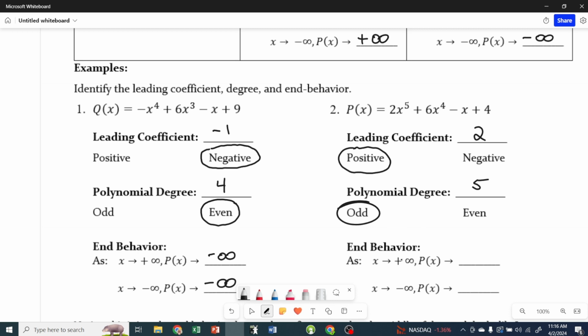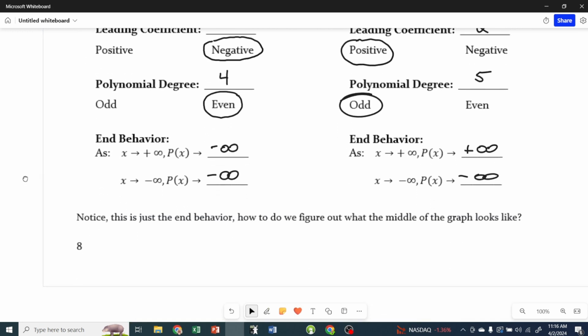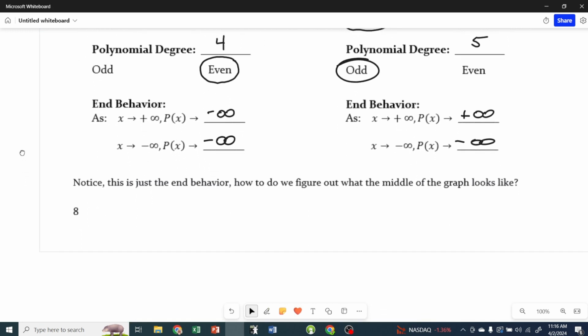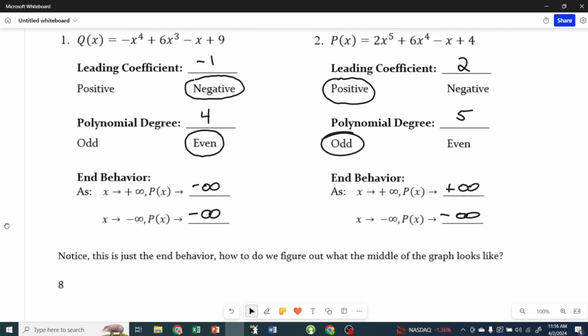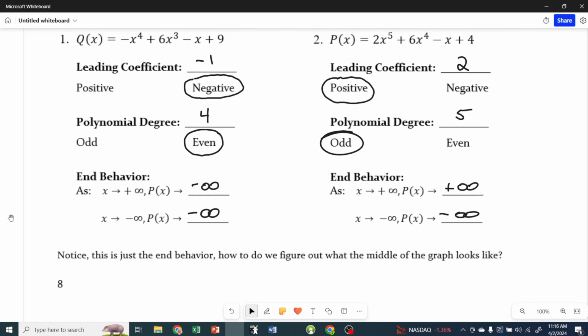So as we go to positive infinity, we're going to positive infinity here. And as we move to negative infinity, it's going to be negative infinity here. Okay, so what's the middle of the graph going to look like? Well, that will be coming up in further lessons.